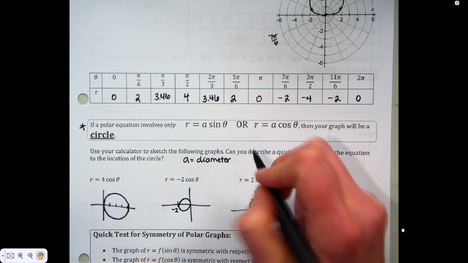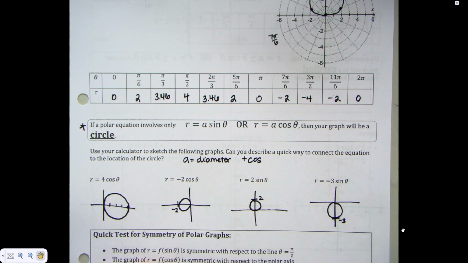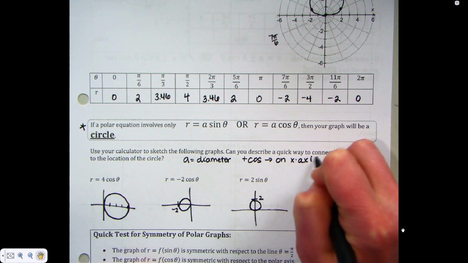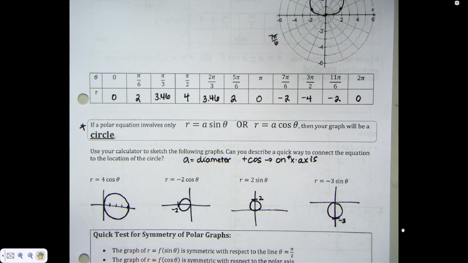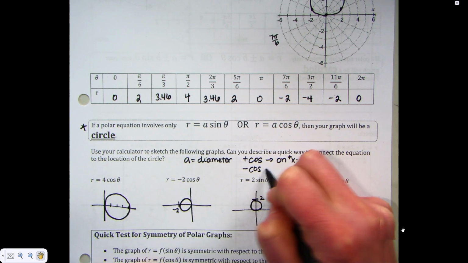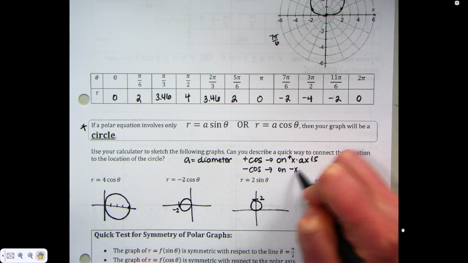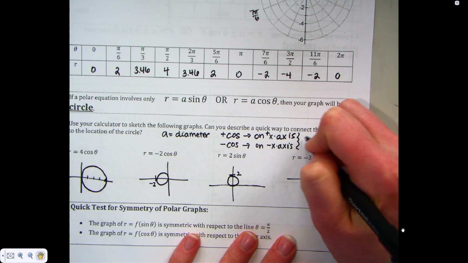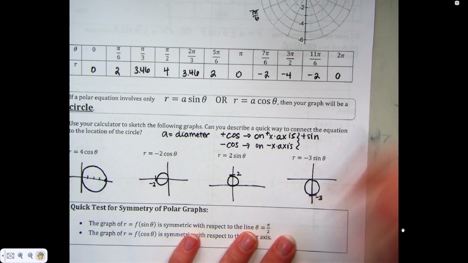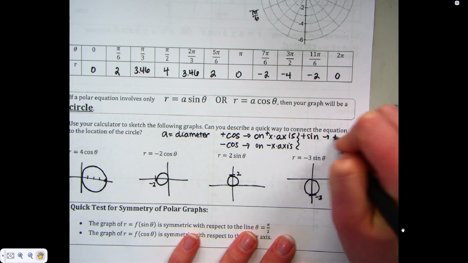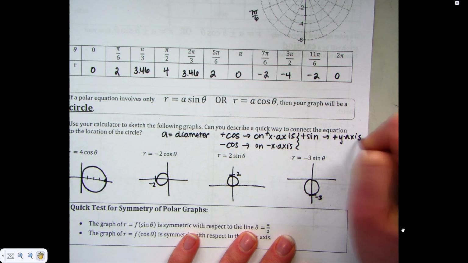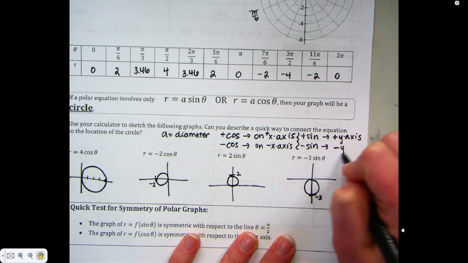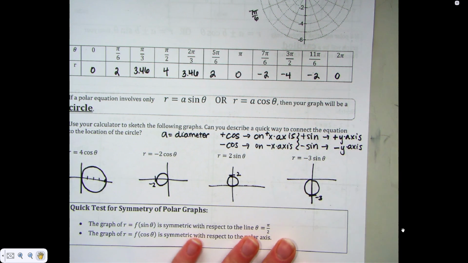So I just made a quick note here that a positive cosine function is going to put your circle on the positive x-axis. And a negative cosine centers it on the negative x-axis. And then likewise, a positive sine function is going to place your circle on the positive y-axis. And a negative sine function puts your circle on the negative half of the y-axis.